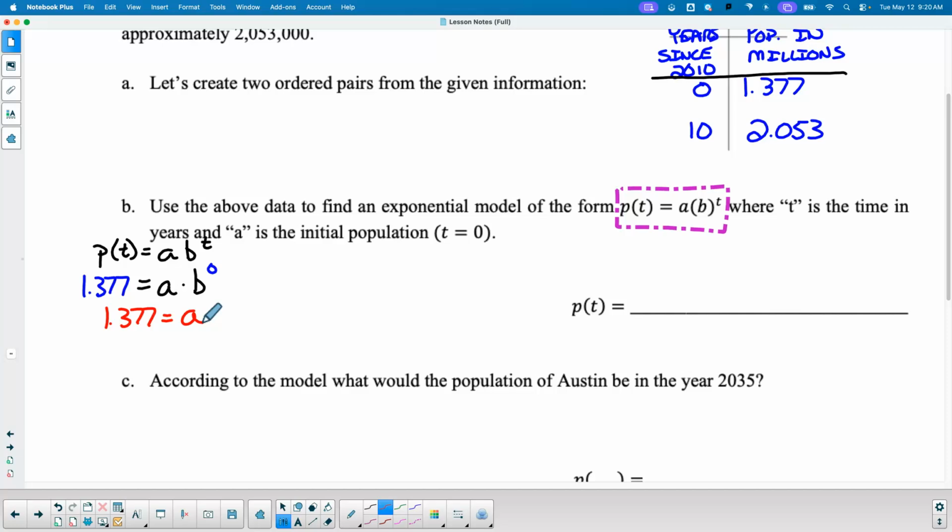Now I can utilize that again, and I can say 2.053 is equal to, now I know my a value is 1.377 times my b, but my b is now to the 10th power. How would I solve that?